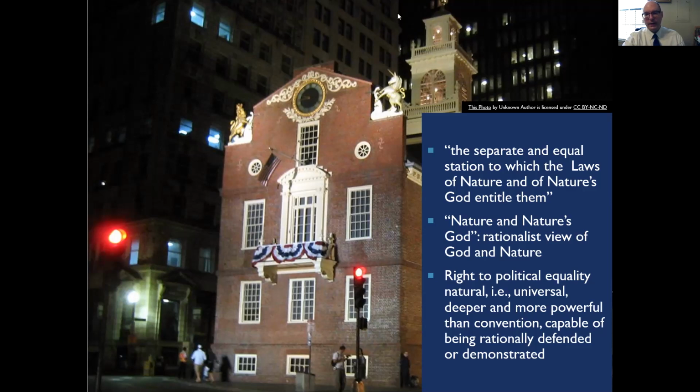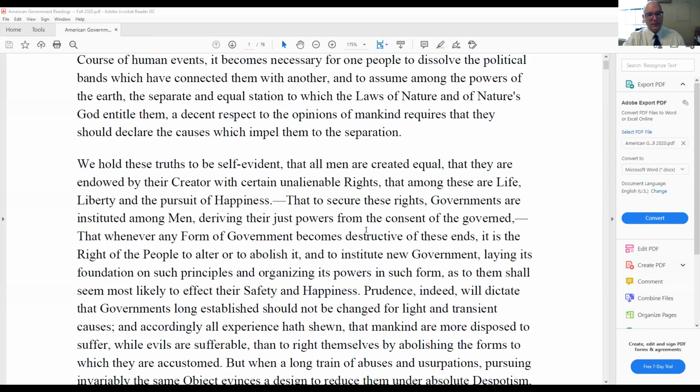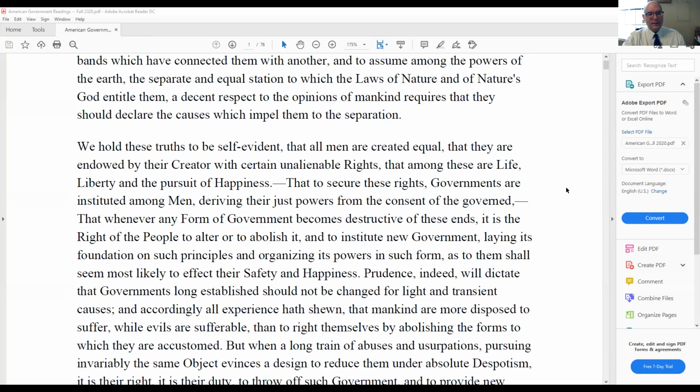So let's go on here and switch back to the document itself. Read this next paragraph, the very famous one. So it goes on and says, we hold these truths to be self-evident, that all men are created equal, that they are endowed by their creator with certain unalienable rights, that among these are life, liberty, and the pursuit of happiness.